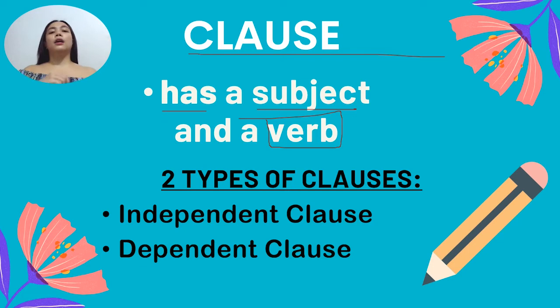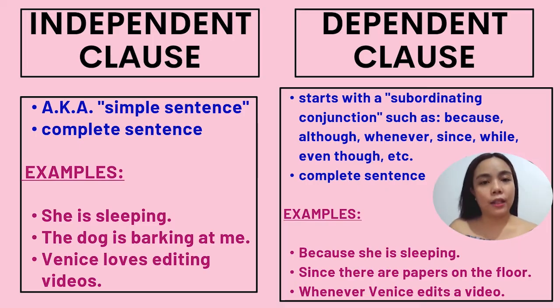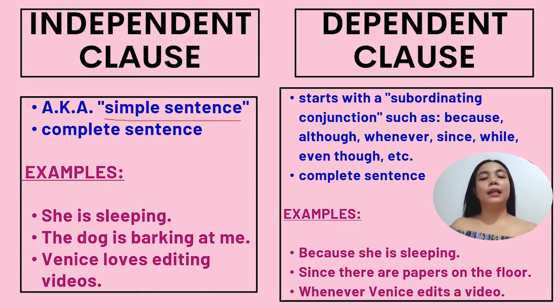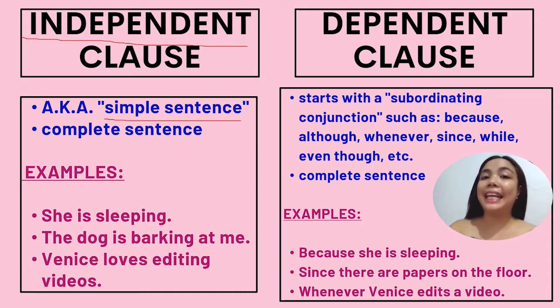There are two types of clauses: independent clause and dependent clause. Independent clause, aka simple sentence. When we say independent clause, from the word independent, it can stand alone. That's why it is also known as a simple sentence.